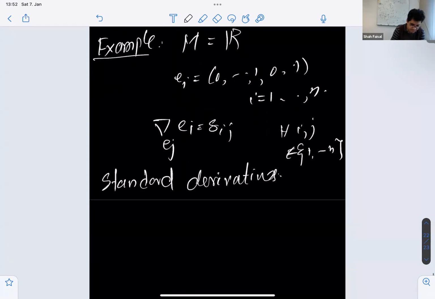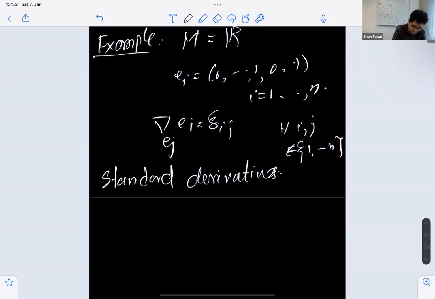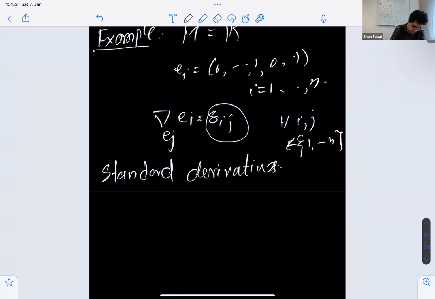Now here I define it like this, but you can define this to be anything, any vector, or maybe some vector field, and then you get a new derivative. So let's say I define it the following way.